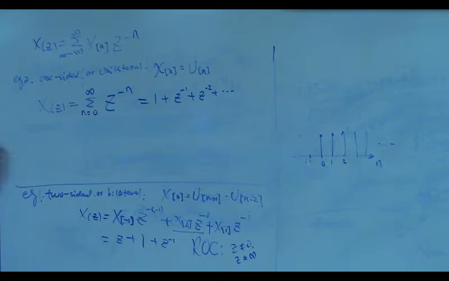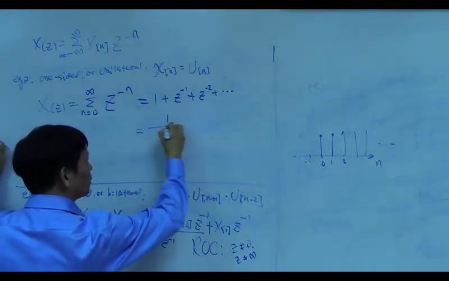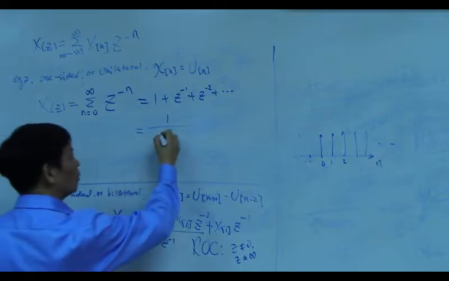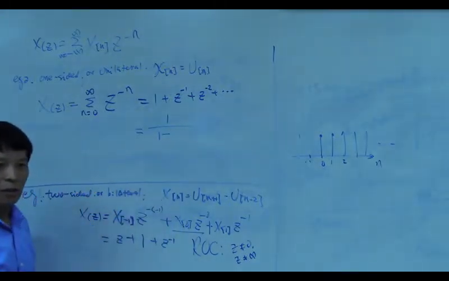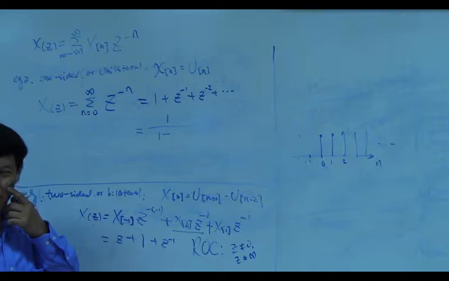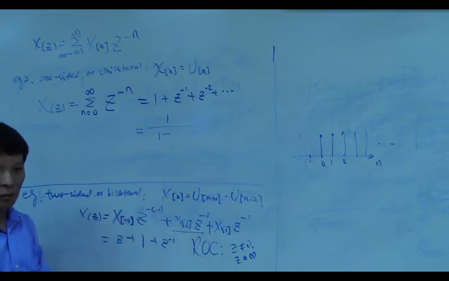The sum equals the first term divided by 1 minus the ratio between the terms.